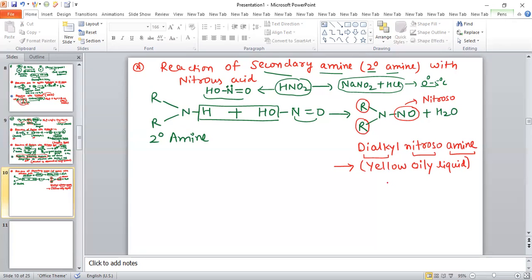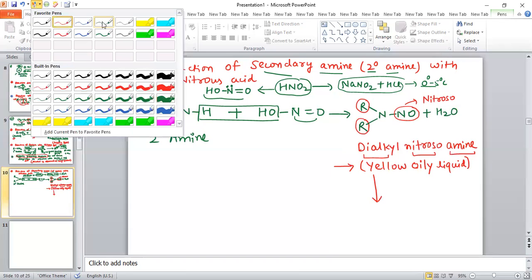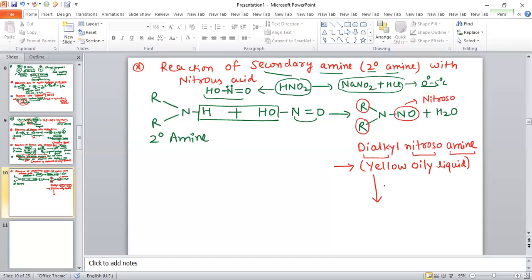So when we add phenol and few drops of H2SO4 into this compound, which compound?